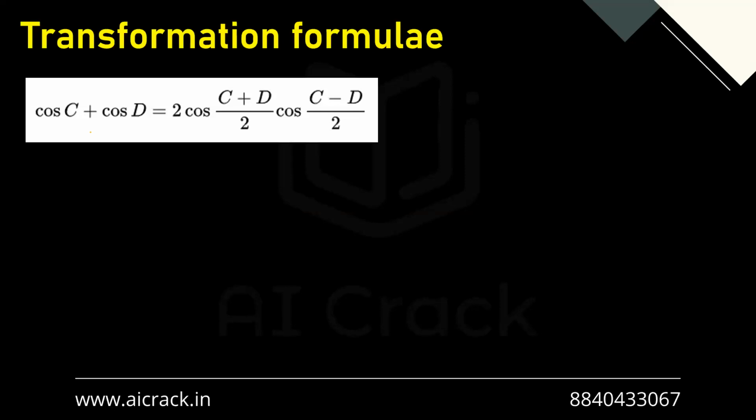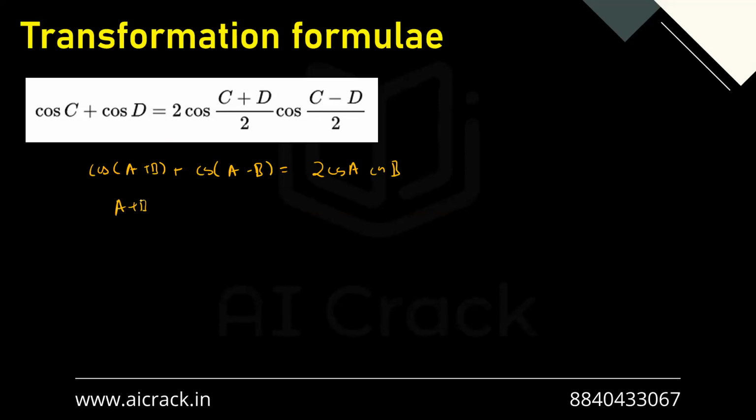Now let's look at these formulas. Cos C plus cos D equals 2 cos (C plus D by 2) cos (C minus D by 2). Exactly the same process, right? We don't have to do anything different over here. So the basic setup was cos of (A plus B) plus cos of (A minus B) equals 2 cos A cos B. Same set of derivation, right?